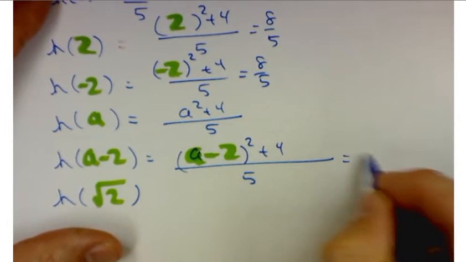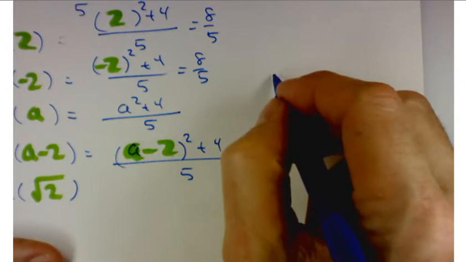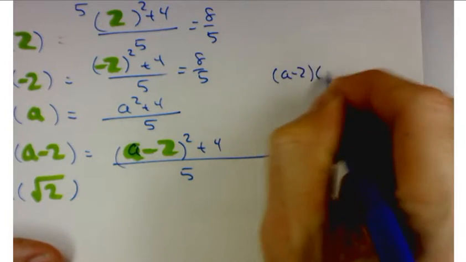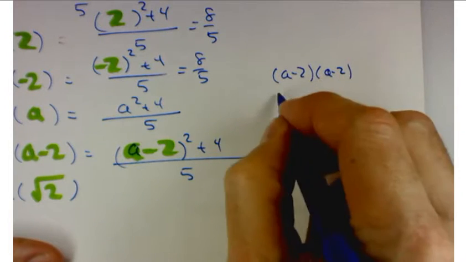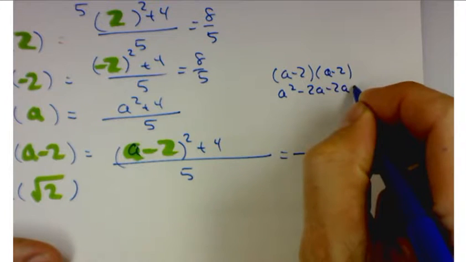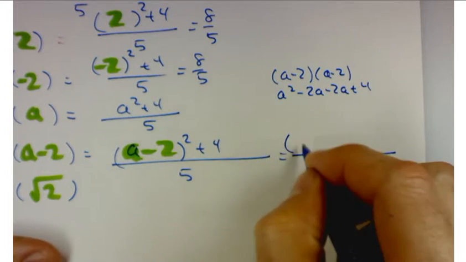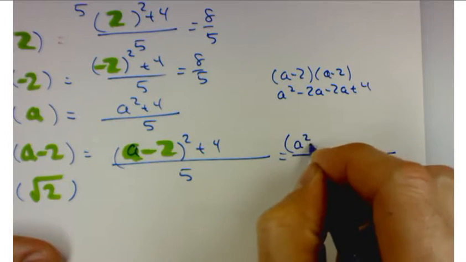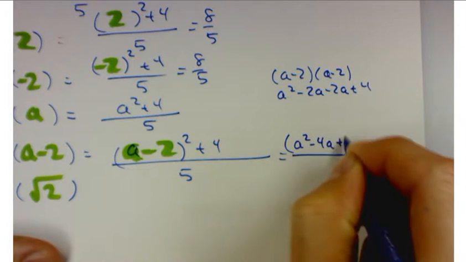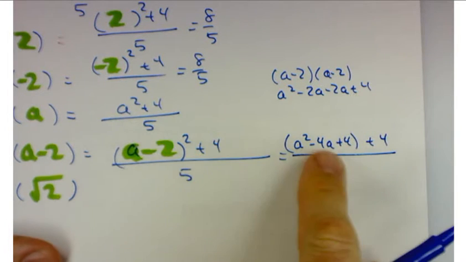So let me kind of continue that over here to the right. Let's do a minus 2 times a minus 2 up here. A squared minus 2a minus 2a again plus 4. So when I FOIL that out, I get a squared minus 4a plus 4, plus 4 again, right?